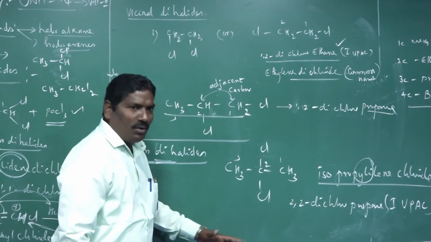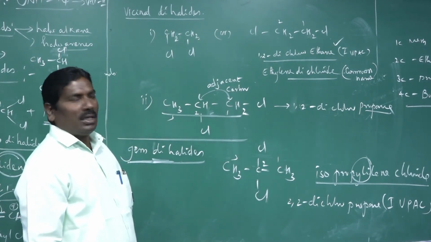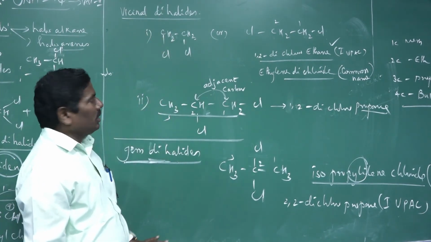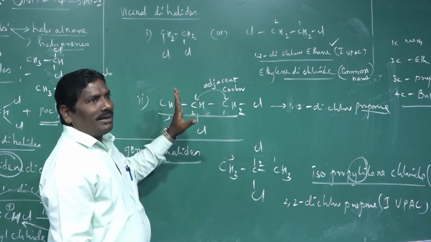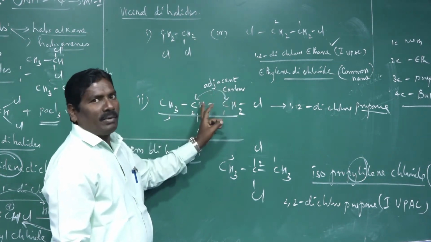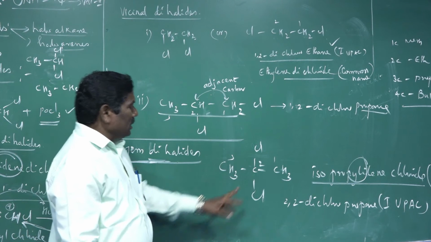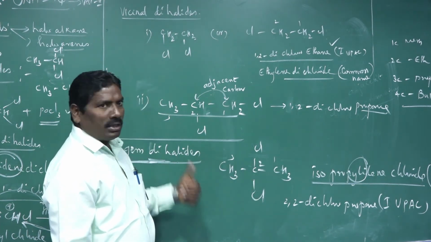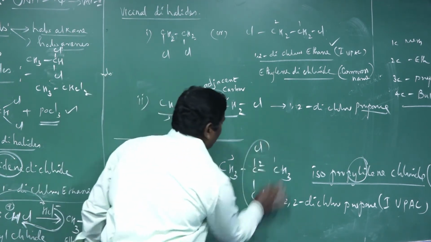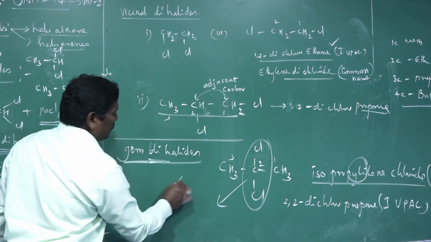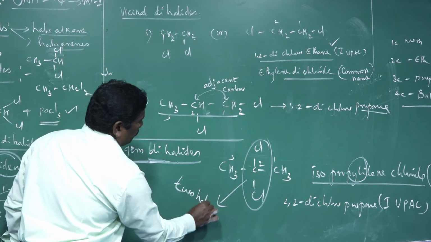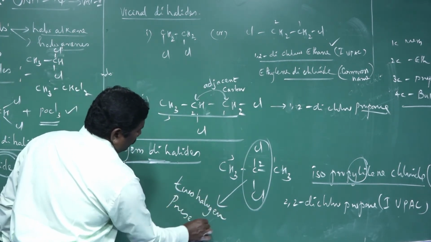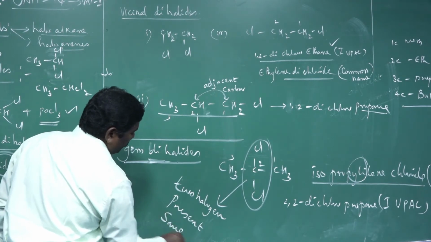So you should have that distinguishing point between gem dihalides and vicinal halides. The vicinal halides are those where the halogens are present on adjacent carbons. The gem dihalides are those where two halogen atoms are present on the same carbon atom.